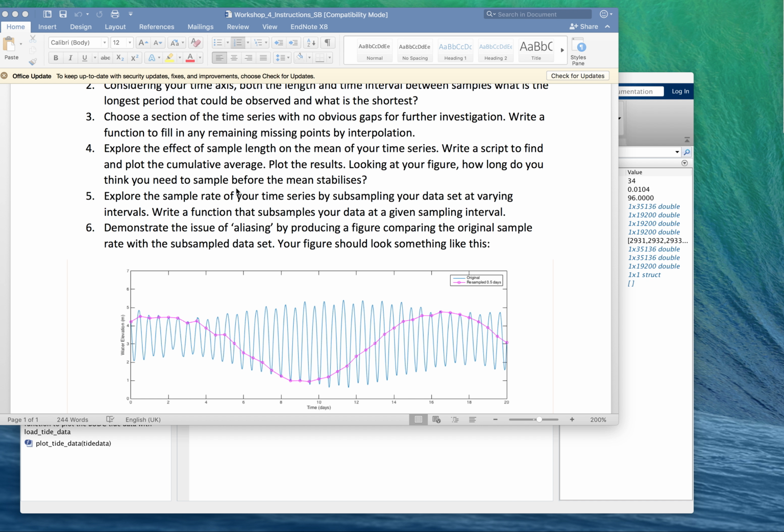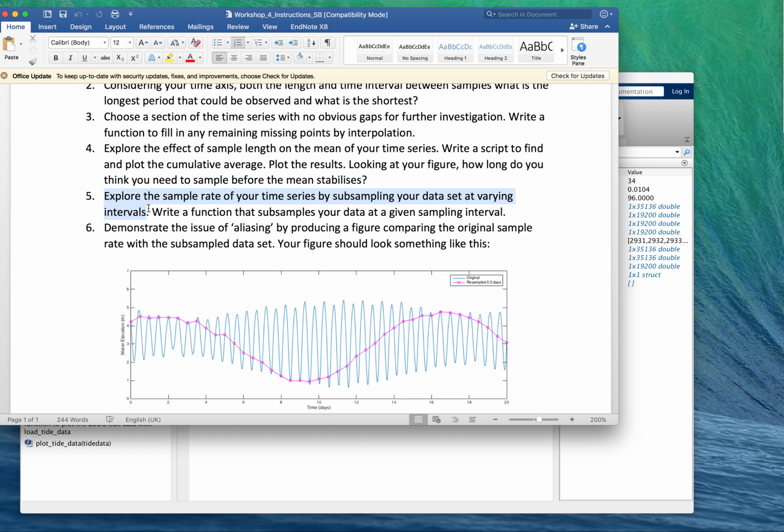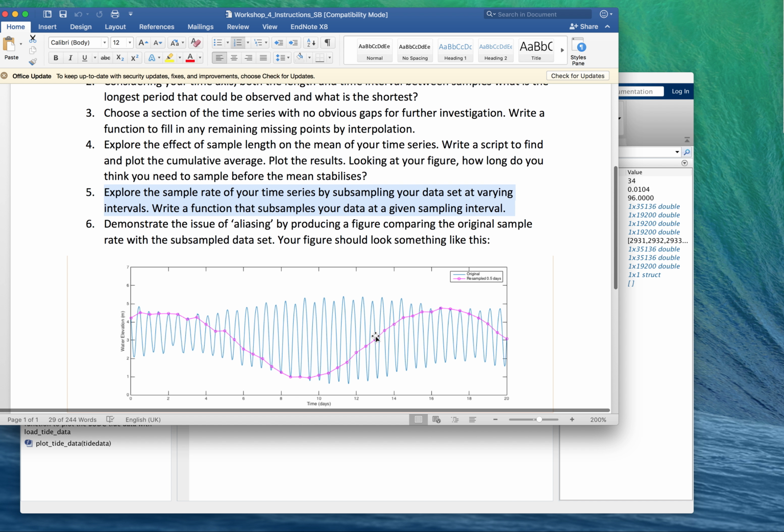So we are now up to step 5 of workshop 4. We have explored changing the effective sample length and how that has an impact on what our average is, how long your data set is, and now we need to look at how changing the sample rate, so how many times per period we sample, or how quickly we sample our data, and what that means in terms of the final output.